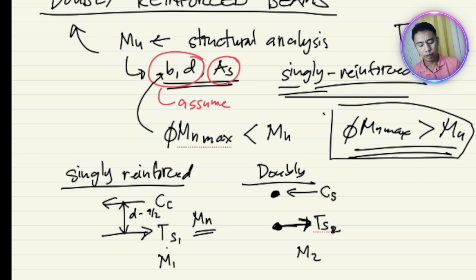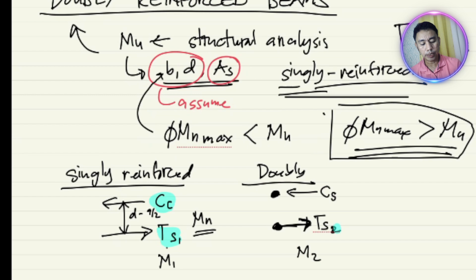Okay? The first couple is from the tension steel. Let me have marker. Okay, so ito yung first couple. Tension steel 1, you can see there, and then the compression of the concrete. That's the first couple.